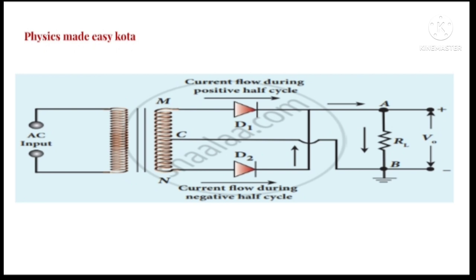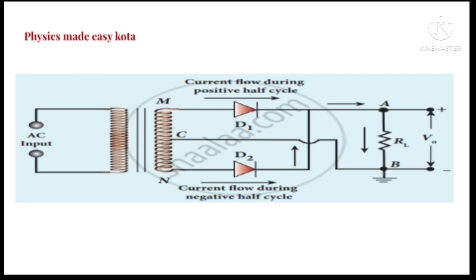For the second half, when the negative half cycle of the AC input is fed into the primary coil, again the diodes D1 and D2 show some changes. For this case, the diode D1 acts as reverse biased and the diode D2 acts as forward biased, as the direction of the EMF gets changed during the negative half cycle of the AC.